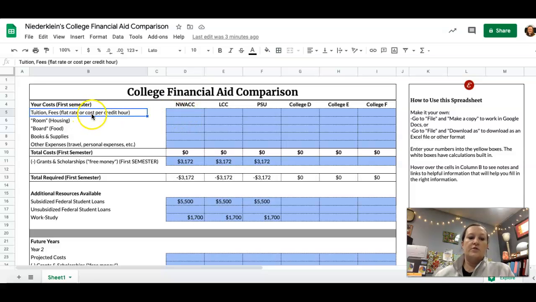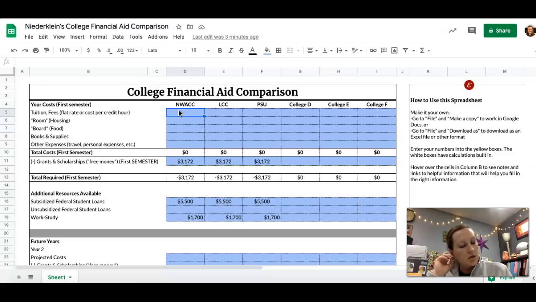I noticed I put on their flat rate or cost per credit hour. So you really have to know your college. Is it a flat rate tuition, which means the fees and tuition are all included, or is it specific, just like we saw with NWAC? So if I had the $2,700 for tuition, $540 for fees, and another $65, I'm looking at $3,305.